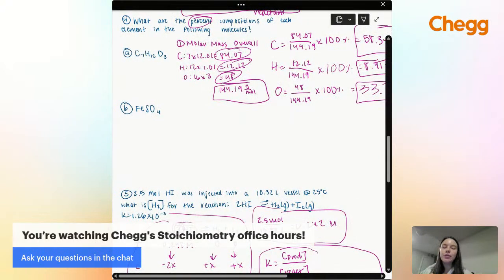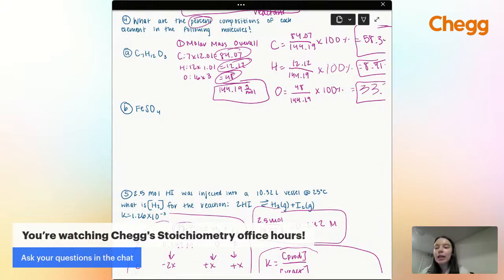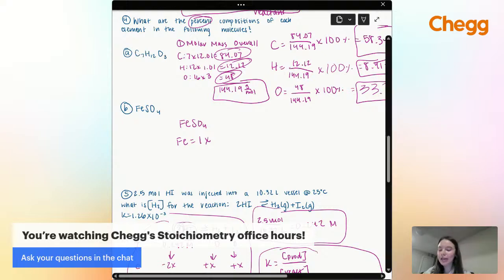Okay, for the percent composition of FeSO4, first I need to find my overall molar mass. So Fe equals 1 times, does anybody know the molar mass of Fe? I'm going to give y'all about 15 seconds to put it in the chat.